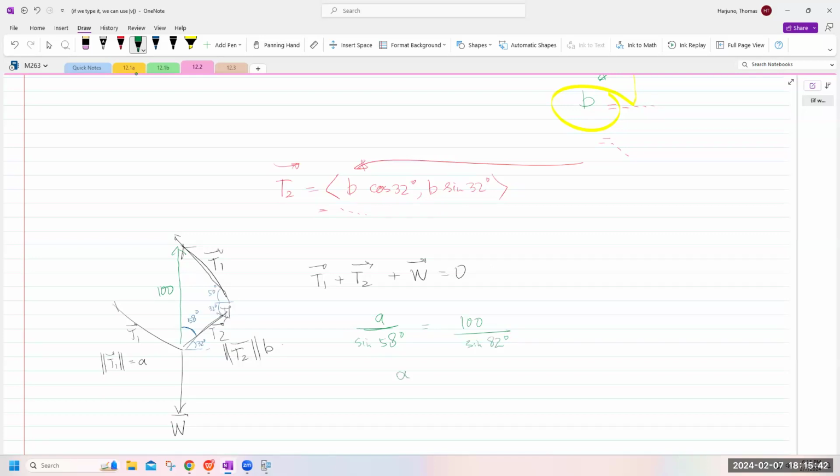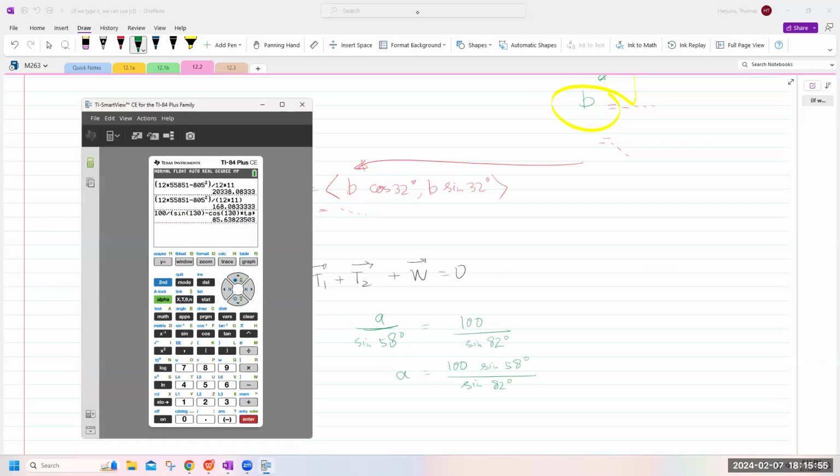So A is equal to 100 sine 58 degrees over sine 82 degrees. So let's try 100 sine 58 degrees divided by sine 82 degrees. You see, exactly the same number, right?